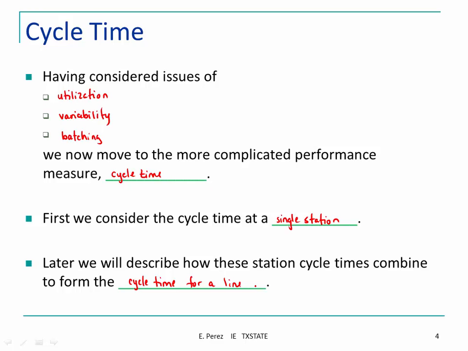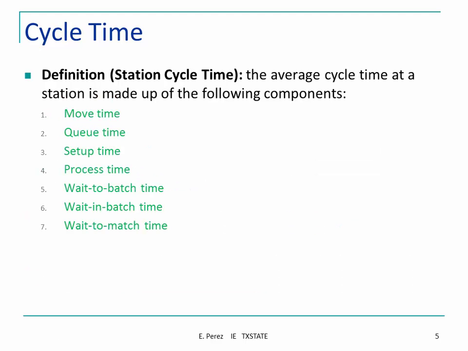Okay, so on the next slide, I have a very general definition of what cycle time is. So the average cycle time at a station is made out of the following components. You need to consider all these components to be able to estimate that cycle time.